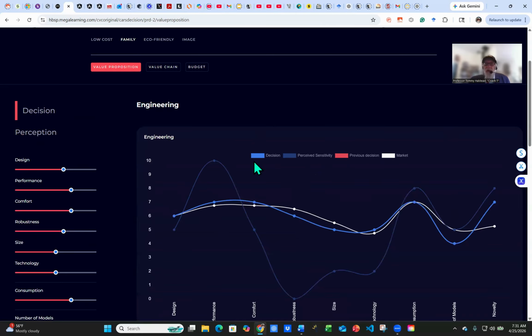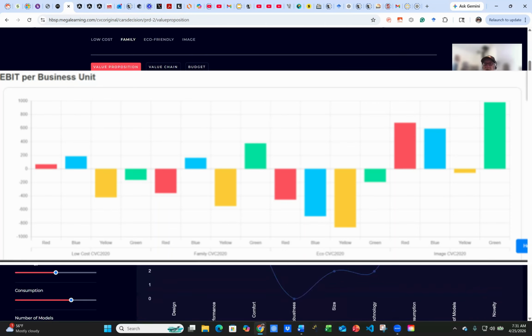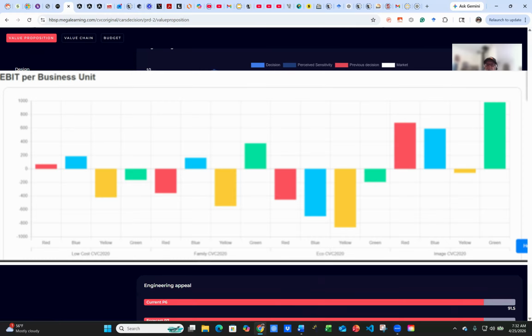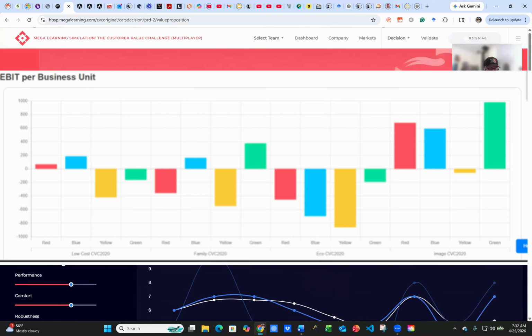Where's number of models here? Okay, yeah, there's a little bit. That's not bad. That's something you have to be careful of, number of models in family, but it can also do well. So again in family, there's a good play here. You're engineering well, you're spending money, and it's a matter of the production thing. You just have to keep an eye on it for your family line.